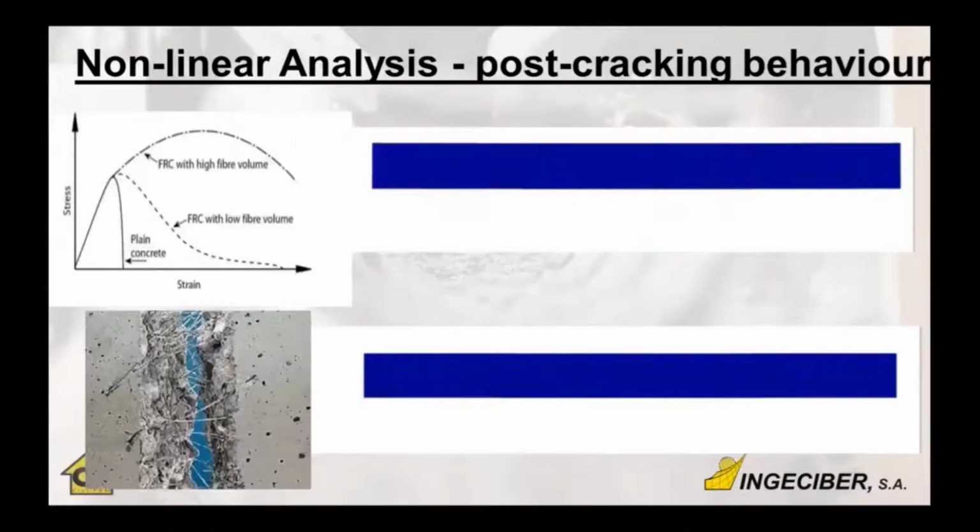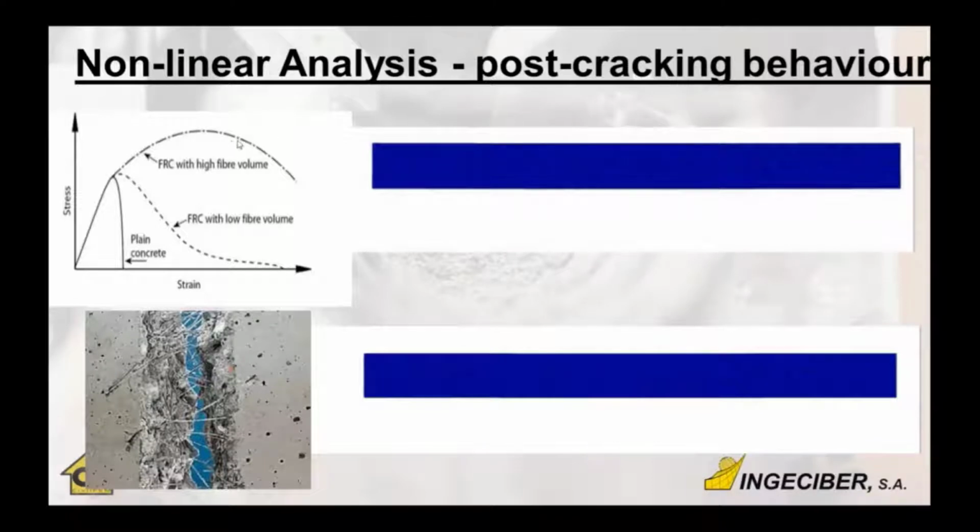For this nonlinear analysis, we also have the post-cracking behavior that can be defined after the crack stress. We can define different post-cracking behavior for solving and analyzing fiber reinforced concrete behavior. So in this case, we have two beams that we are comparing. In both of them there is a lack of shear reinforcement, and we apply some loads.